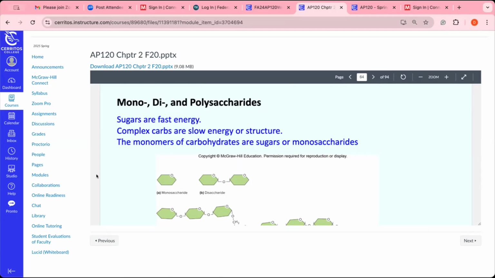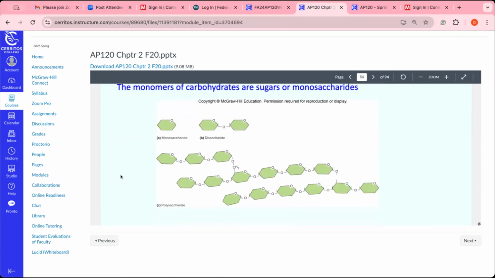Mono means 1, di means 2. And if you scroll up, this is going to be poly. This one has a whole bunch of glucose molecules. This is a polysaccharide example.